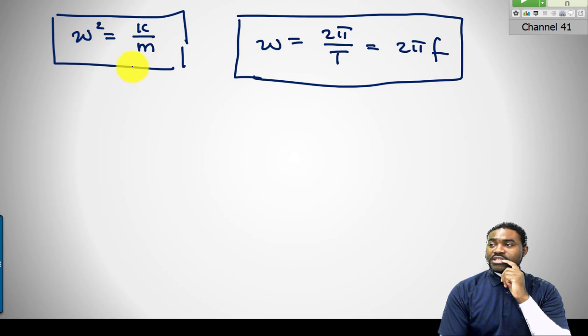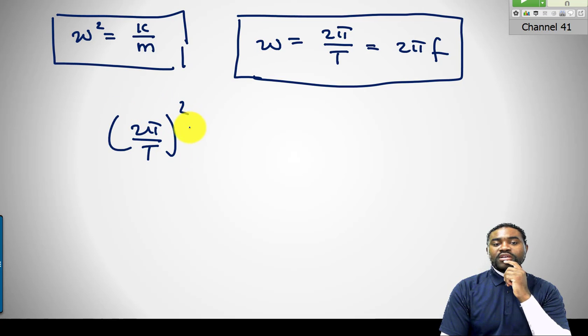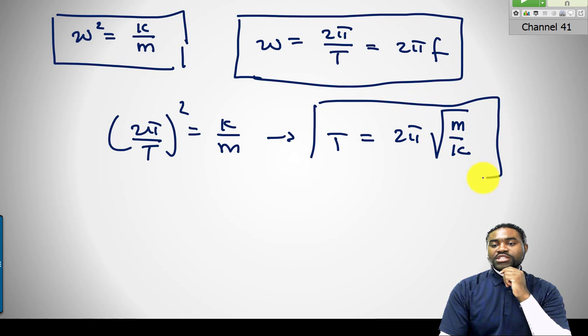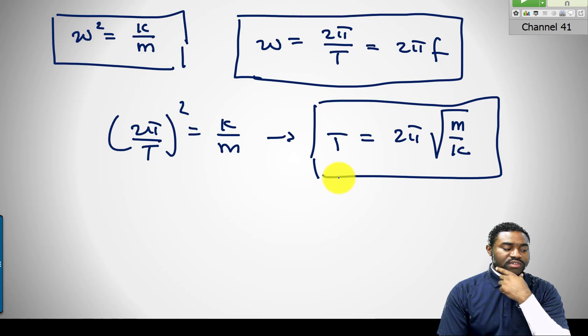And if that is true all the time, this implies that 2 pi over T all squared is equal to k over m, which implies that T is equal to 2 pi the square root of m over k, and that is the period of oscillation of the system.